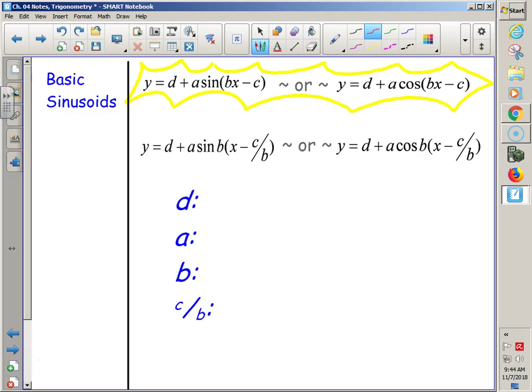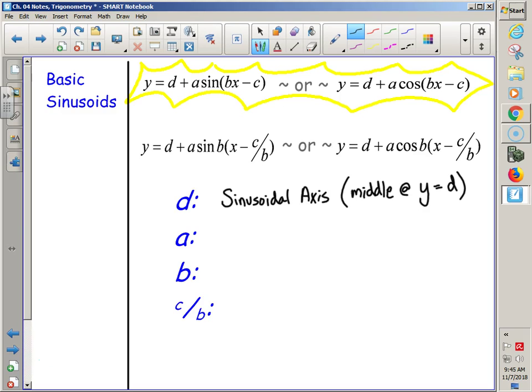These equations can show up 2 different ways, but long story short, at the end of the day, based on the transformations that we know, this D is going to move our sinusoidal axis, aka the middle of my wave, to y equals d. All the waves we've seen so far are on the x-axis at y equals 0, but that could shift up or down.